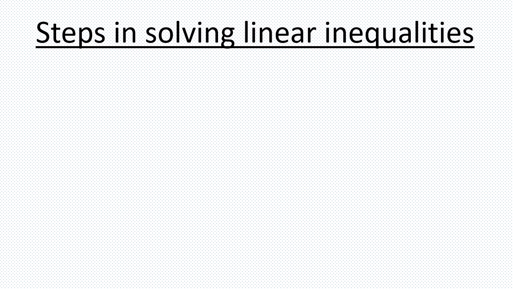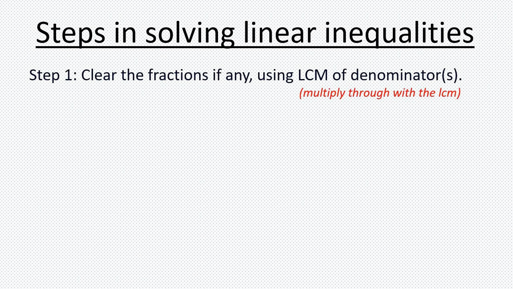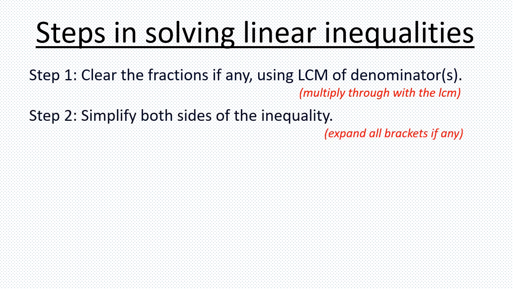Steps in solving linear inequalities. Step 1. Clear the fractions, if any, using LCM of the denominators. So we multiply through with the LCM of the denominators gotten. Step 2.